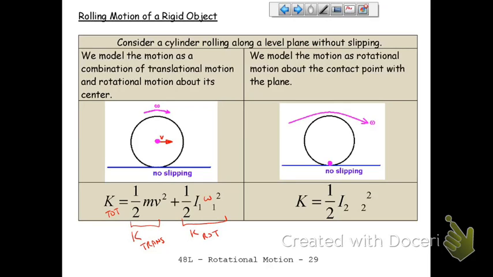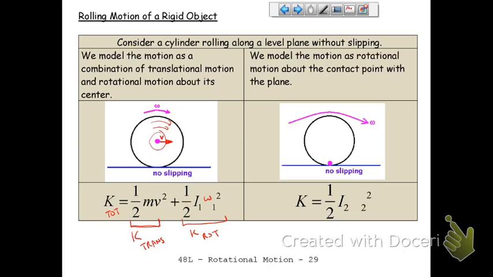So what we've got here is a system, a circular wheel rolling along a surface without slipping. Its center of mass does translate along the bench, and there is a translational kinetic energy. But there is also the rotation of the mass around its center of mass, and so there's a rotational bit as well.